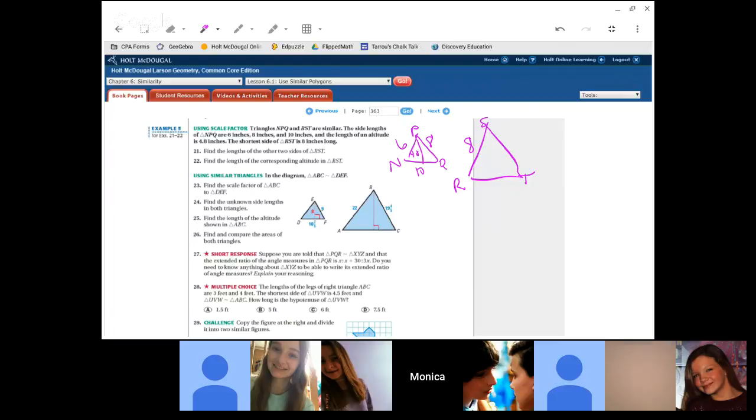Now we can use that to figure out the lengths of those other two sides because we'll set up proportions. We'll say 3/4 equals something, or sorry, 10 shouldn't go on the bottom, because 3 comes from your smaller triangle and 10 is going to come from your smaller triangle. So it should go on top. Then we'll solve for this. Does that make sense?